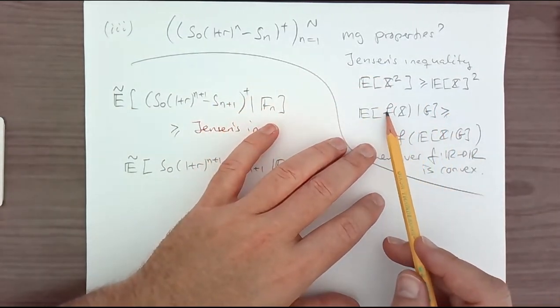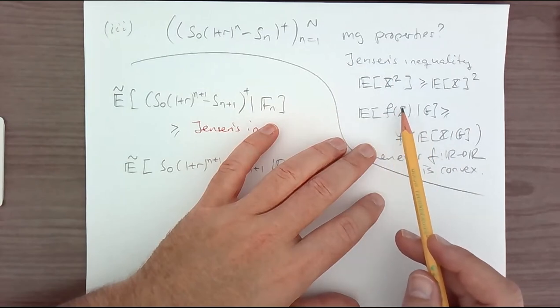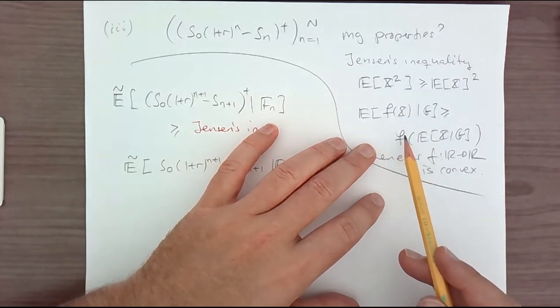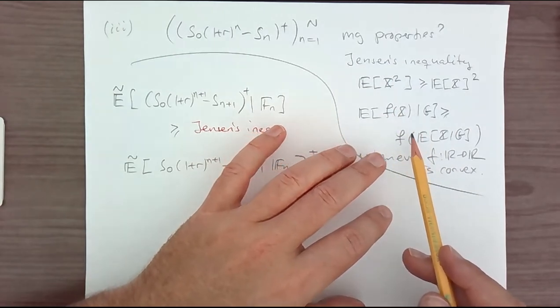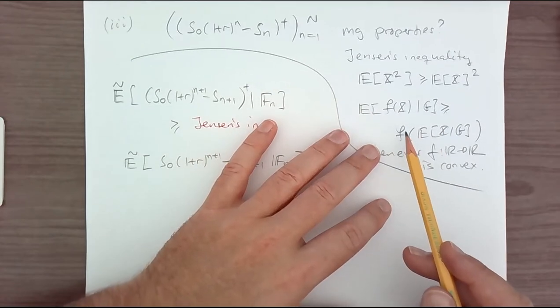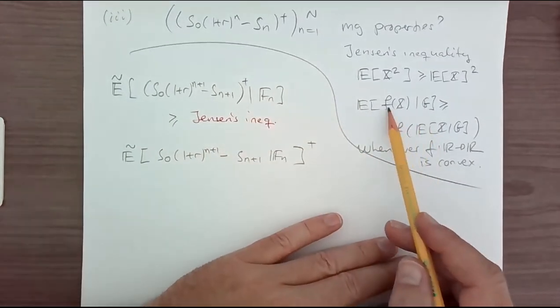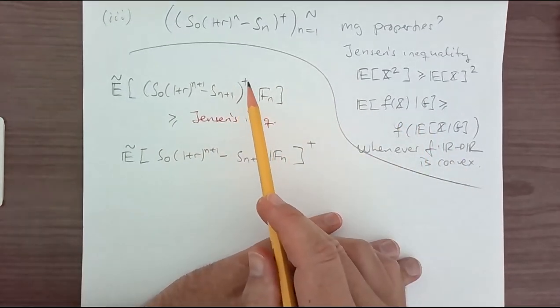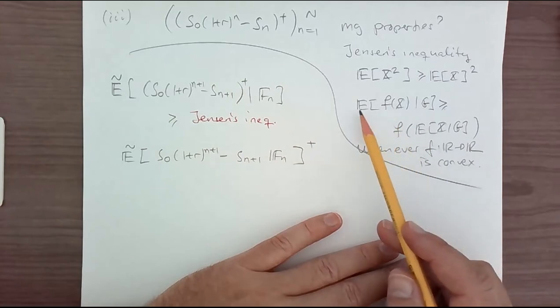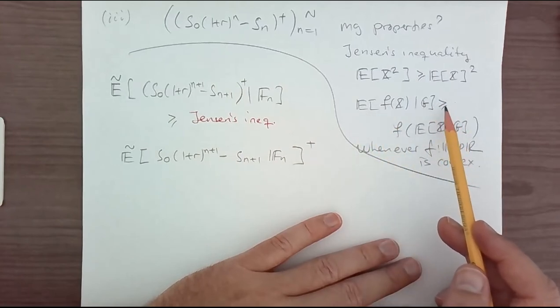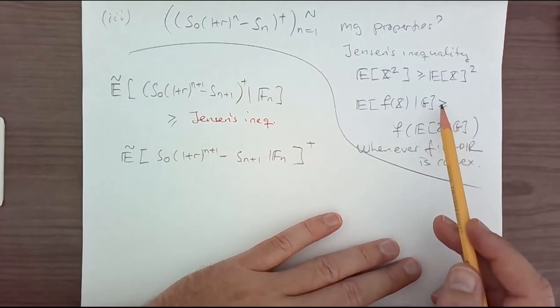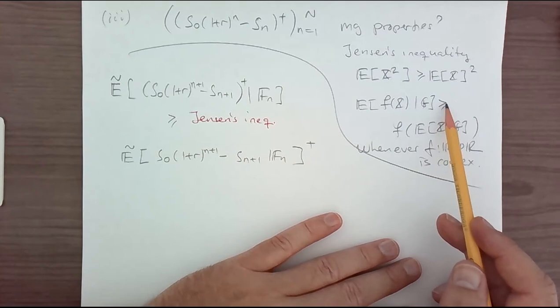When you have a function on the inside of an expectation, you cannot just move the function outside. This only works when f is linear or affine. When it has these convexity properties, like this plus here, you cannot just move the f outside and keep the equality sign. Please don't do that on Monday and Tuesday.